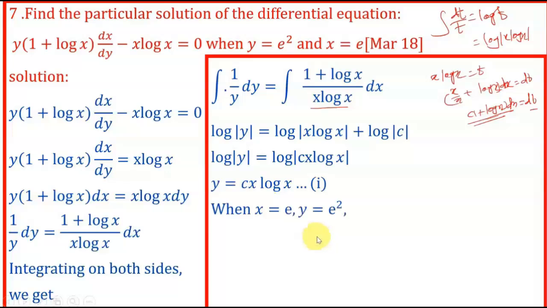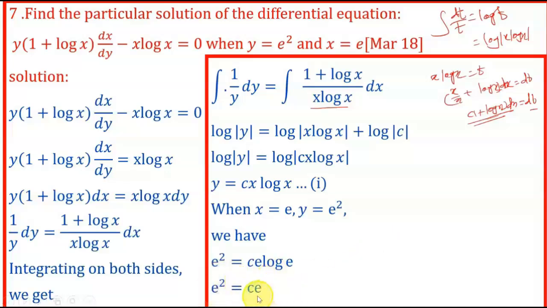Now we want to find the particular solution when y equals e squared and x equals e. Substitute these values in equation number 1. What is y? y is e squared, x is e, so it is c into e log e. But what is the value of log e? log e is 1, because the base is e. Therefore, e squared equals c e.